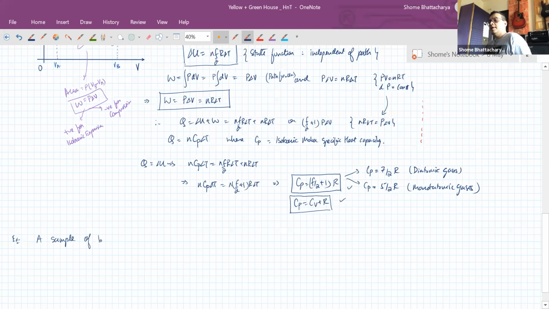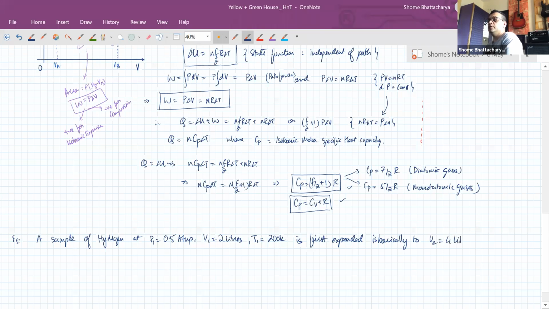So a sample of hydrogen at initial pressure of 0.5 atmospheres, volume of 2 liters, and temperature of 200 Kelvin is first expanded isobarically to a volume of 4 liters.